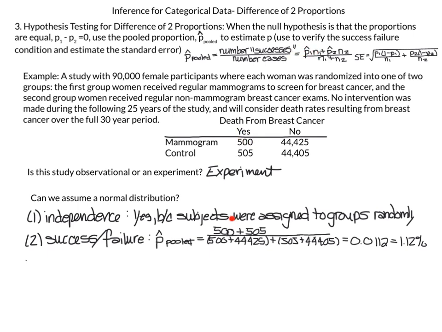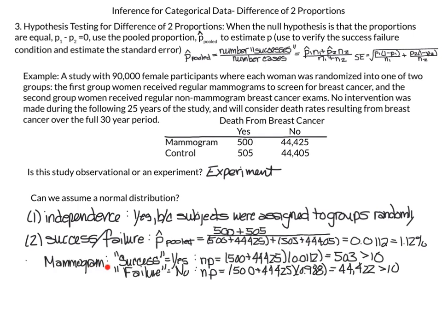So that's 500, plus P2 hat times N2, that's the number of successes in the second group, so that's 505, divided by N1 plus N2. So N1 is the 500 plus 44,425, and N2 is the 505 plus the 44,405. So our P hat pooled is going to be equal to 0.0112 or 1.12%.